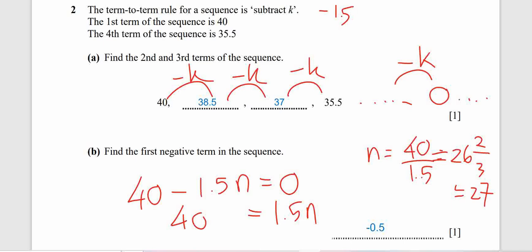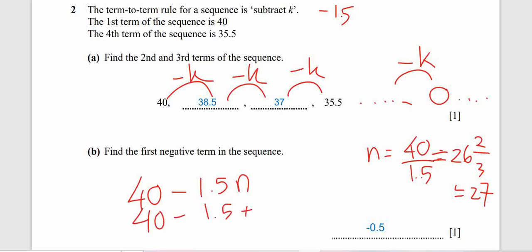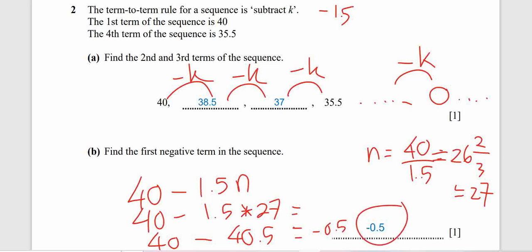Now if 40 minus 1.5n, and n is 27, it will give us a negative. Let's count the answer with a calculator. 1.5 times 27 is 40.5. So 40 minus 40.5 is negative 0.5. That's how we got this answer.